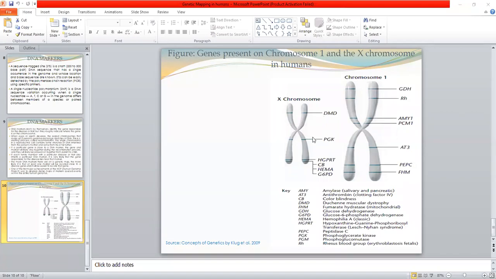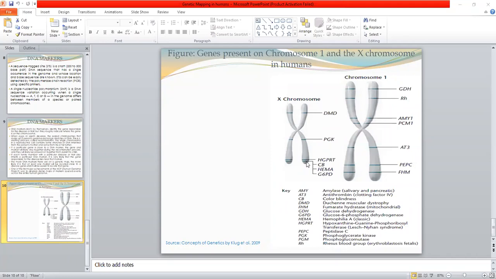Then the next gene is PGK, phosphoglycerate kinase. The next gene is HGPRT, hypoxanthine guanine phosphoribosyltransferase. The next gene is CB, color blindness. If this gene is in the mutant form, individuals cannot differentiate between red and green colors.